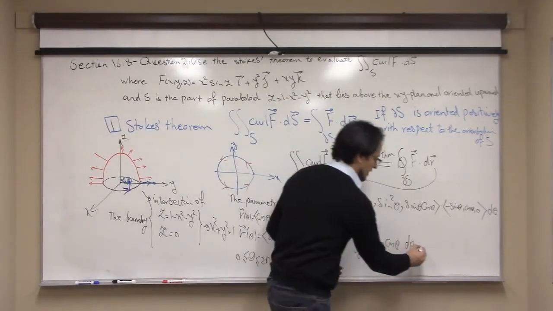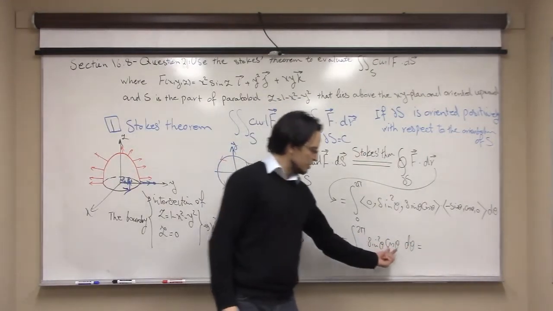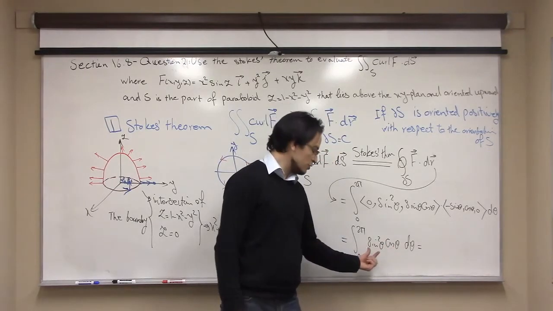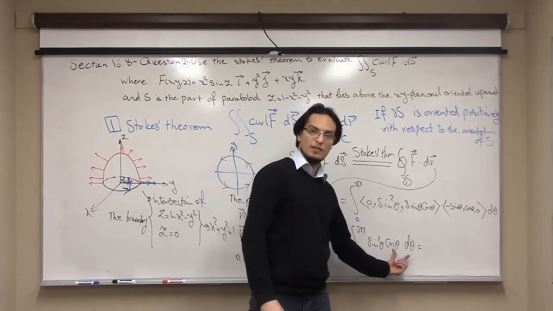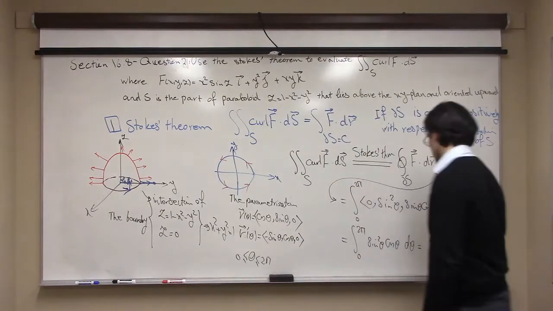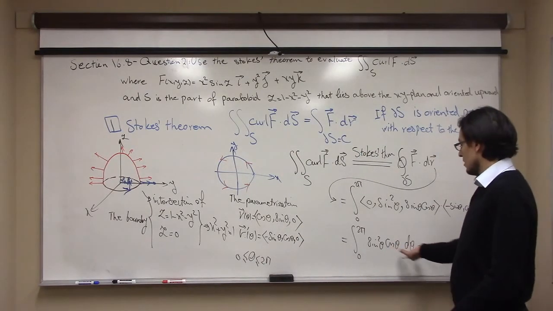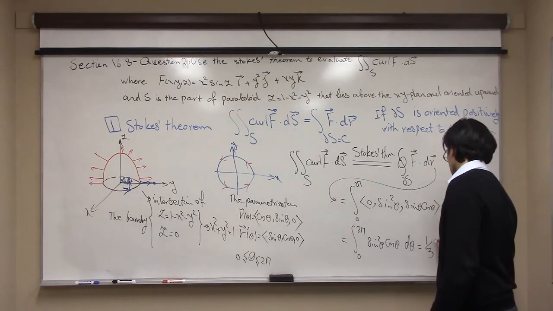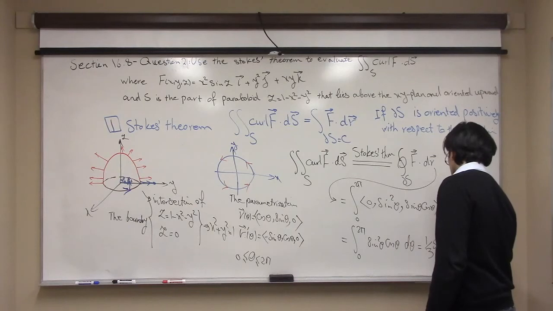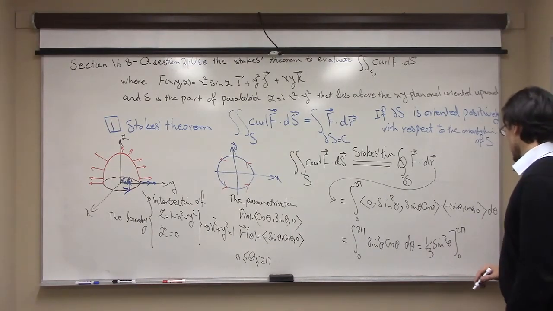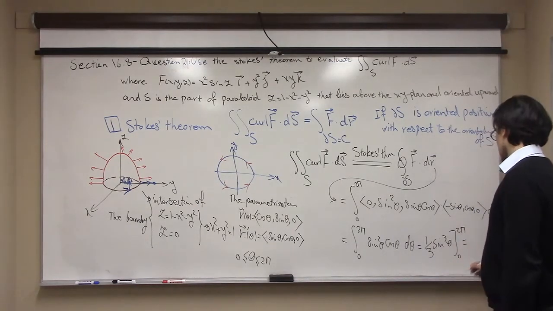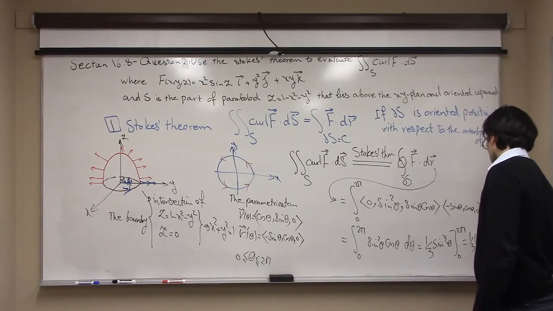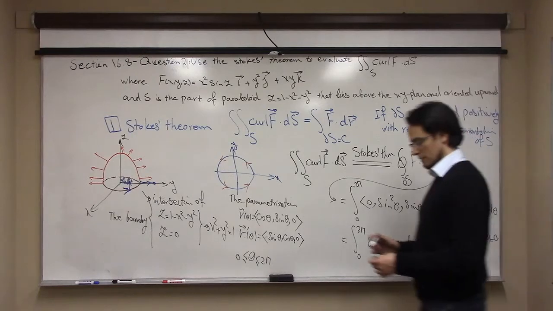To evaluate that, you can use substitution. Set u to be sine theta, and its derivative is here. So it is going to be 1/3 of sine cubed theta going from 0 to 2 pi. And if you plug in, we are going to get 0 minus 0, which is equal to 0.